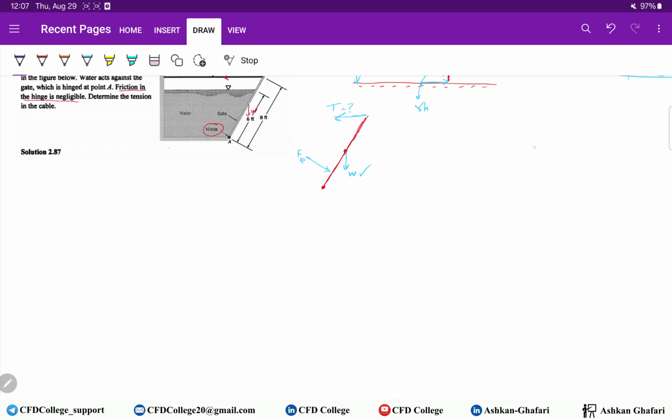here is the gate again, this is the cable and this is the water surface, here is the hinge and this is the ground. So I should locate the Y axis here.